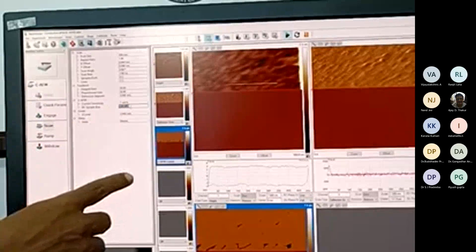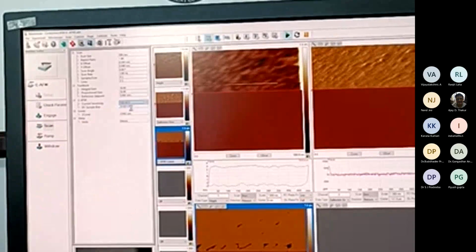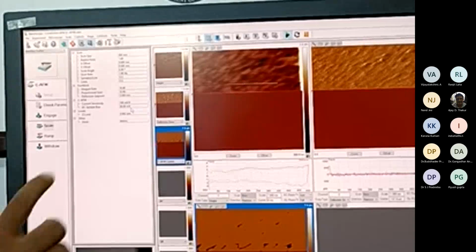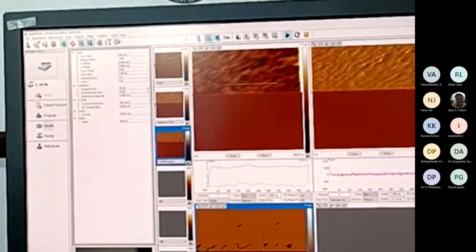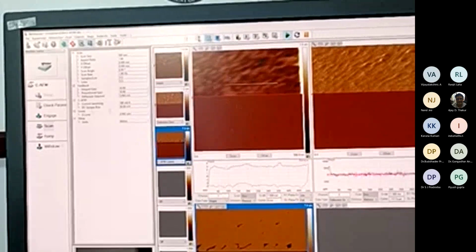Current sensitivity, 100. So this is all about the contact mode.